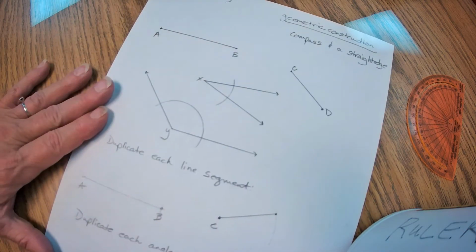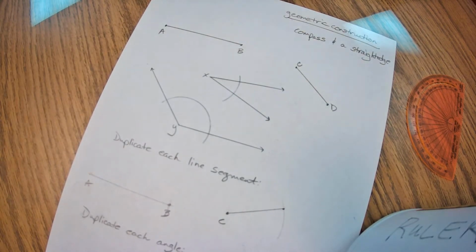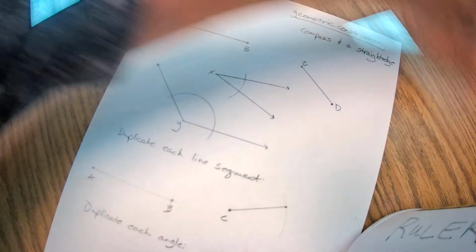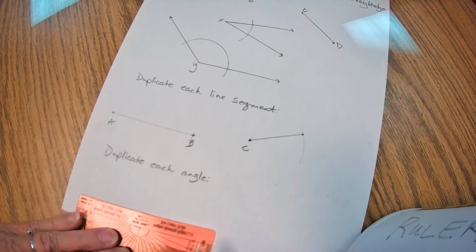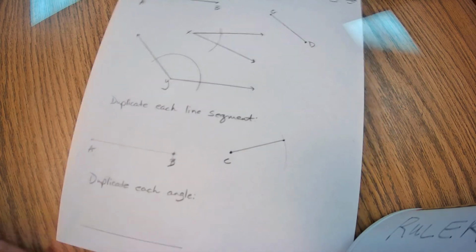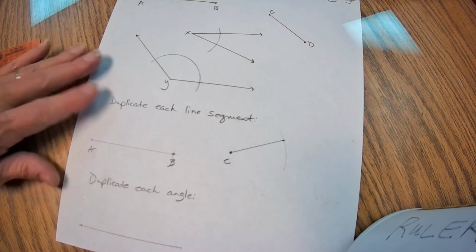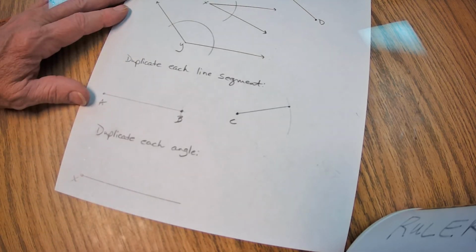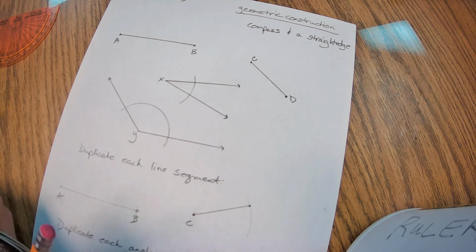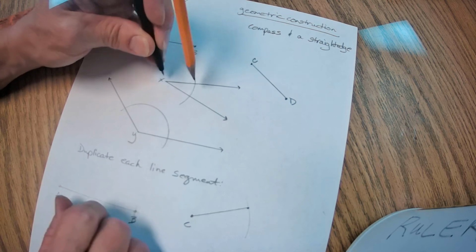Okay, now I want to duplicate these angles. I'm going to do the acute angle first. And again, I know that I'm going to start that. There's one of the sides of my angle, and there's the vertex. And that's going to be X. All right. So come up here, and you're going to see this little arc right here.